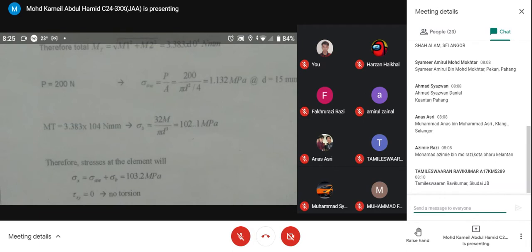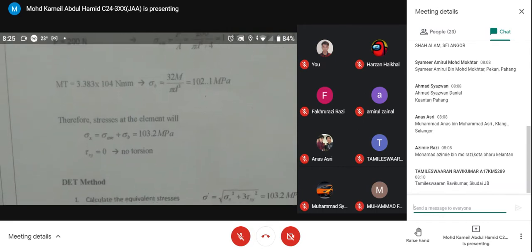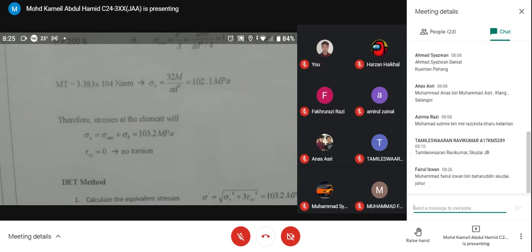So kena pakai, so mana tak dapatkan sigma bending, sigma axial loading dia. Okay, kemudian dapatkan stresses at the element. Stresses at the element sigma x. Untuk DET dan MSST ni kita kena apply stress transformation equation.